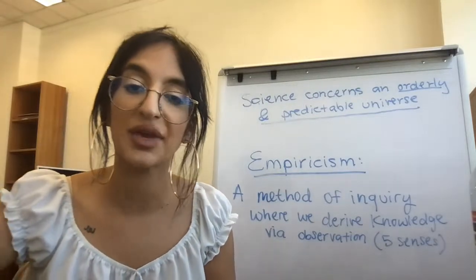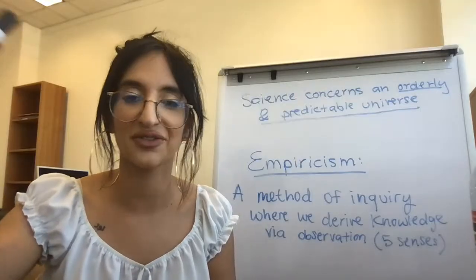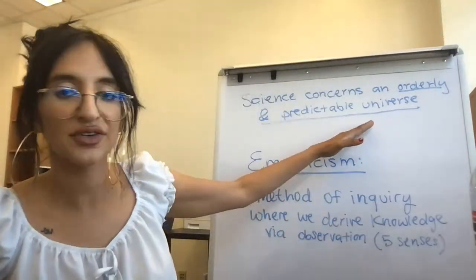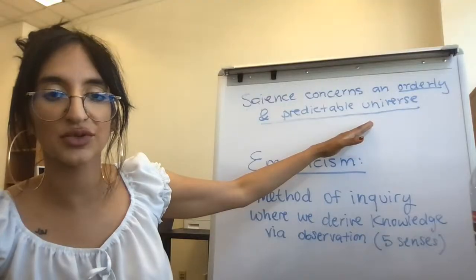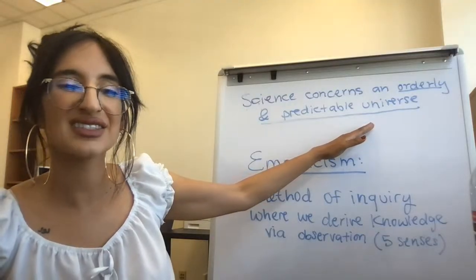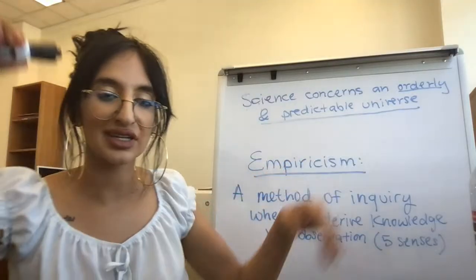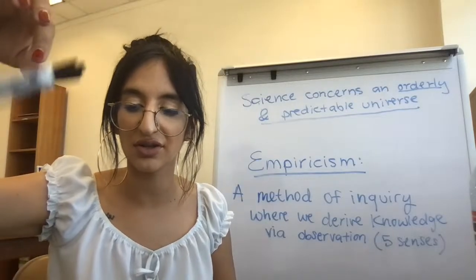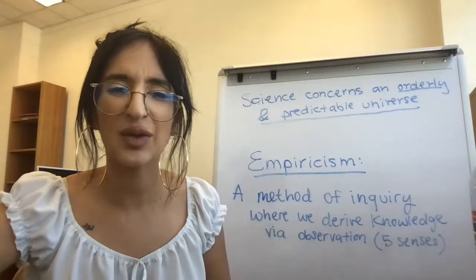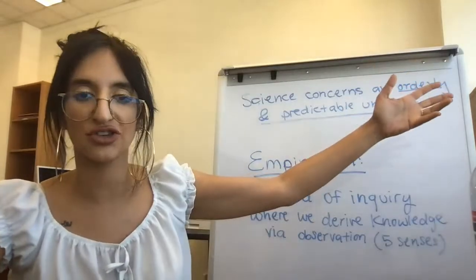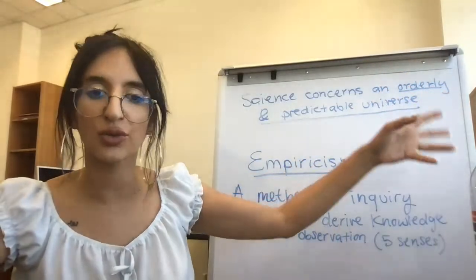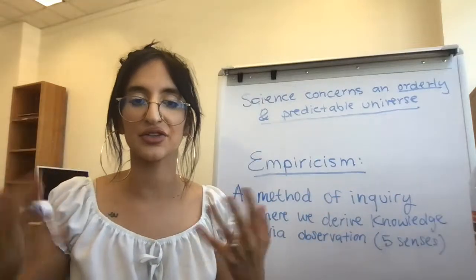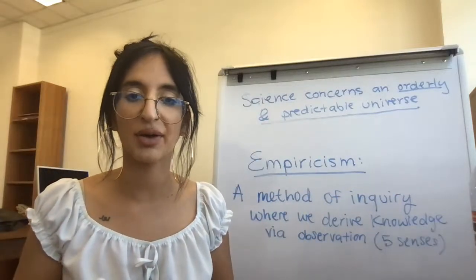Because I live in an orderly and predictable universe, I can safely assume that the next time I drop this pen, it will again fall, hit the desk, and won't just randomly turn into a chicken or randomly float away. So there's something patterned, something organized about the universe we live in.